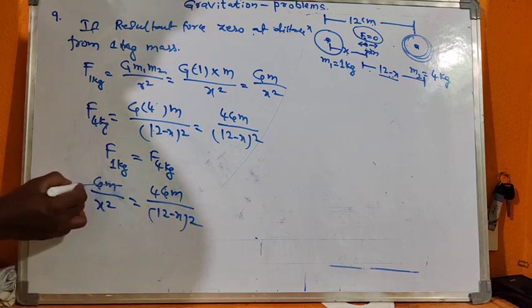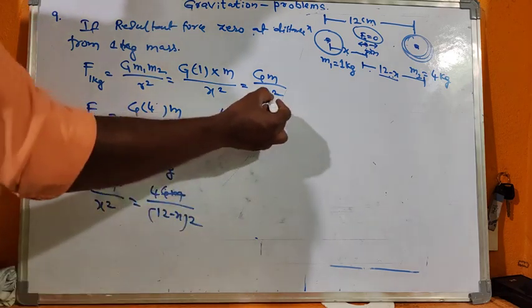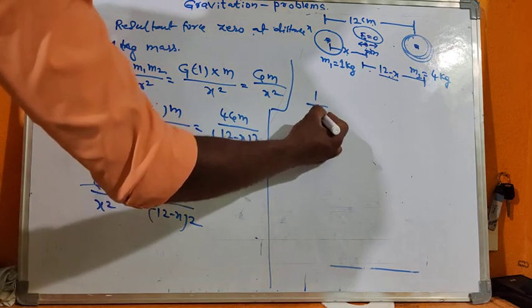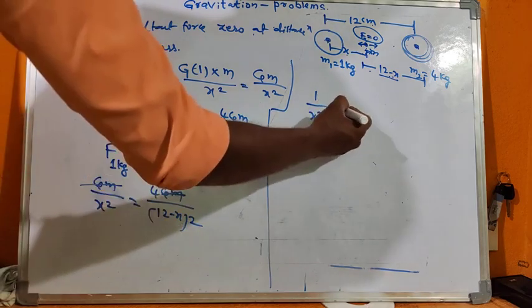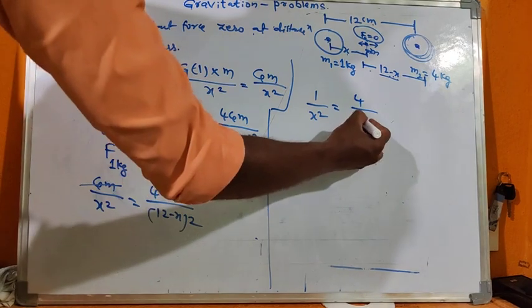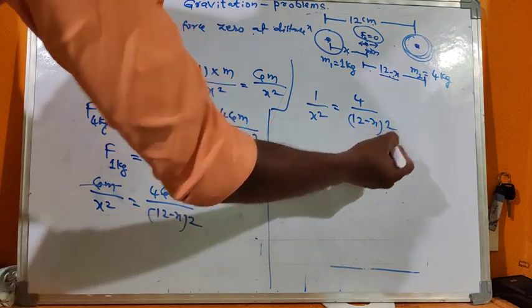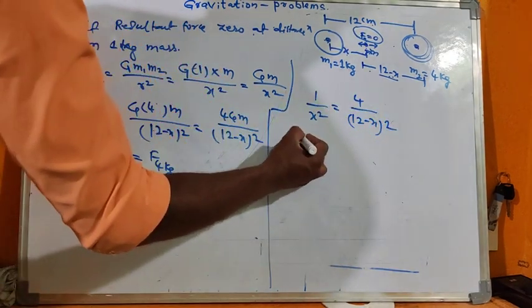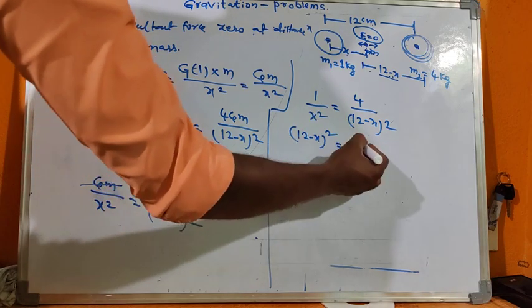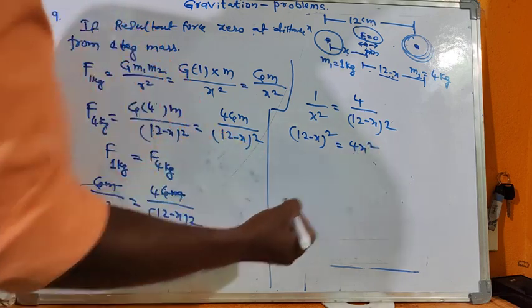Gm cancels, so 1 by x square is equal to 4 by 12 minus x whole square. By cross multiplication, 12 minus x whole square is equal to 4x square.